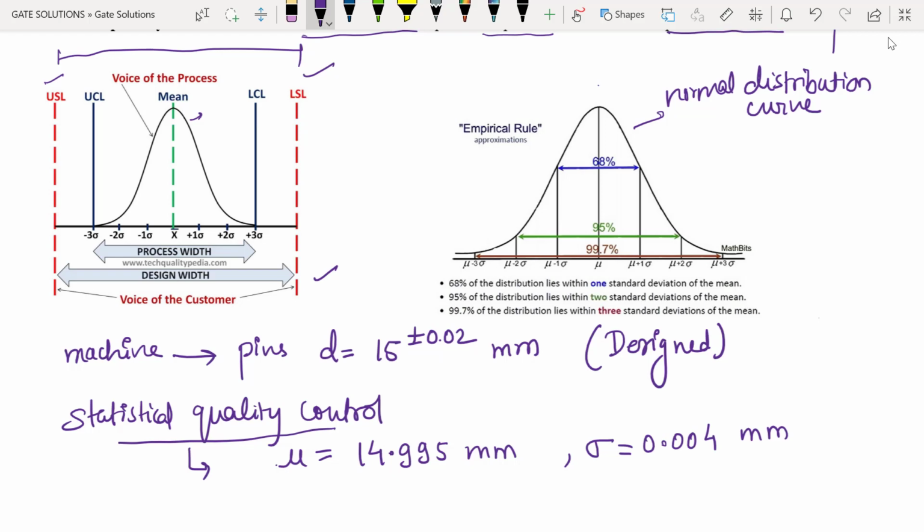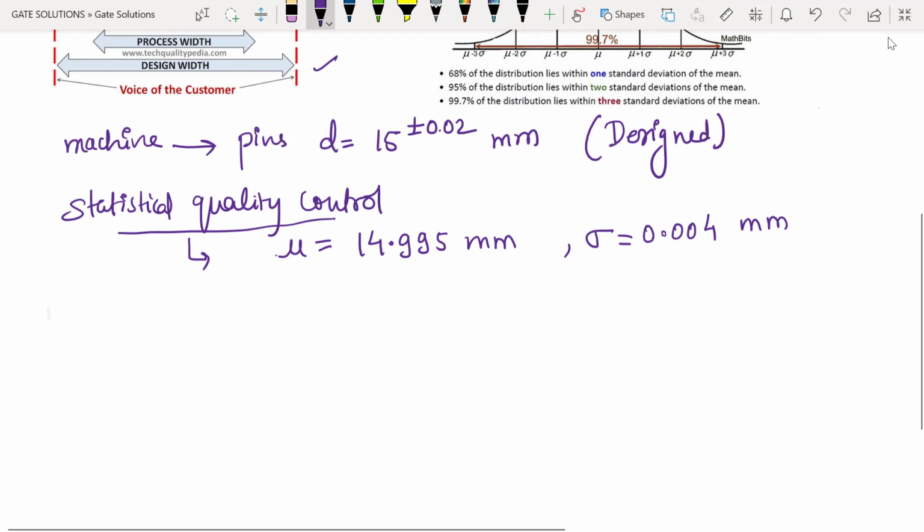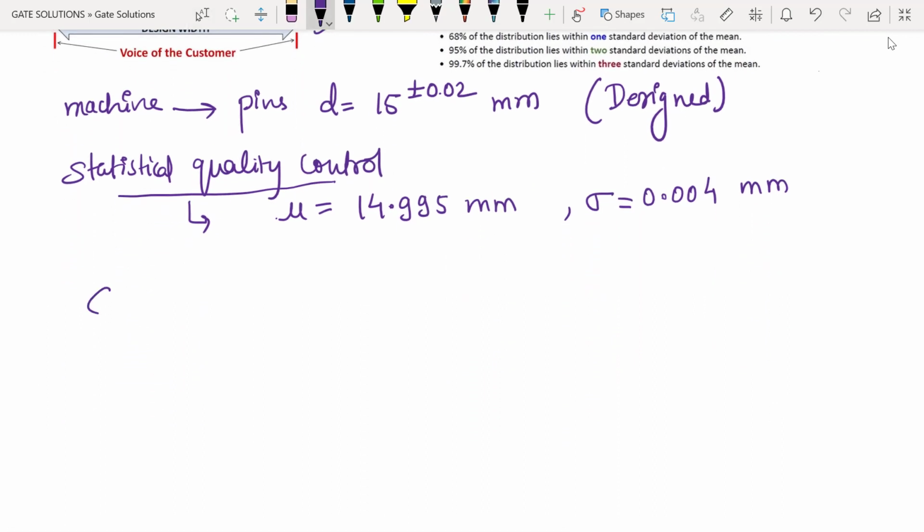So we need to compare the design width and the process width. So we will calculate the process capability index, which is given as Cp equals upper specification limit minus lower specification limit divided by 6 sigma.